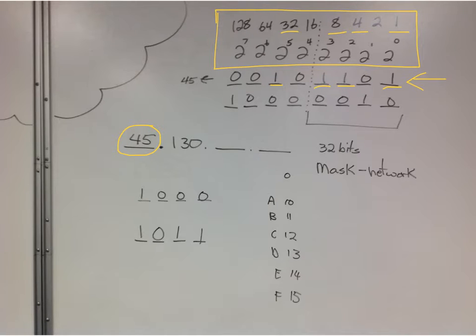So here we have one group of 128 and one group of 2, so we don't get confused. So that gives us 130. Alright? Now 32 bits, and then we have a mask that indicates the network part of it.